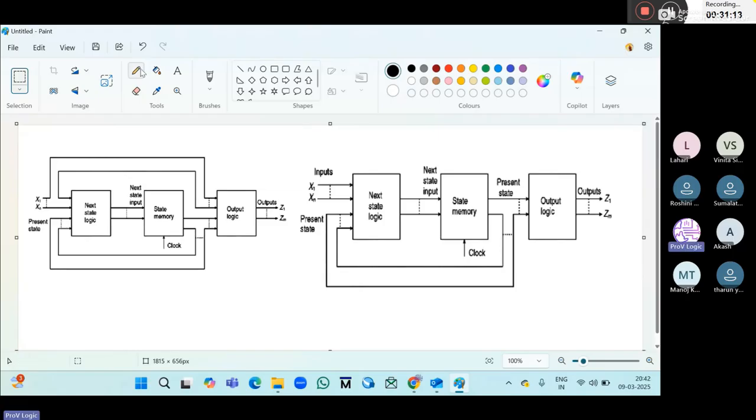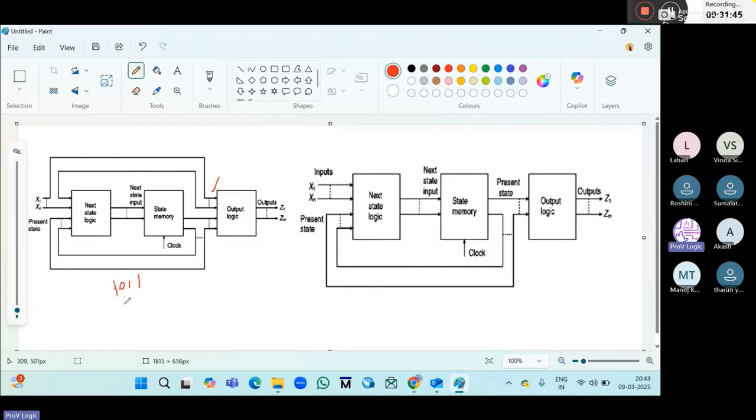See here. The output is dependent on the present inputs and also the current state here, and here only on the current state. Here the output is dependent on both. Suppose it's a sequence detector for 1 0 double 1.